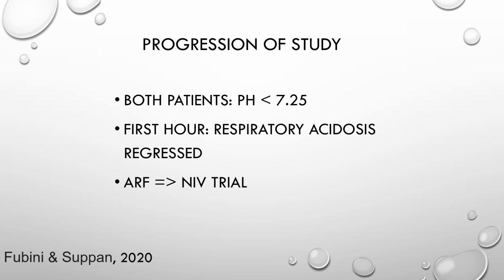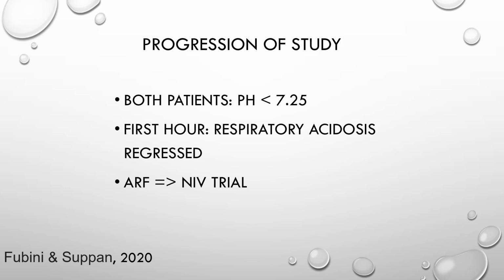So even if these 2 patients presented with ARF have different etiologies, their clinical picture at first is very similar. They both have a baseline advanced COPD, with a pH of 7.25.